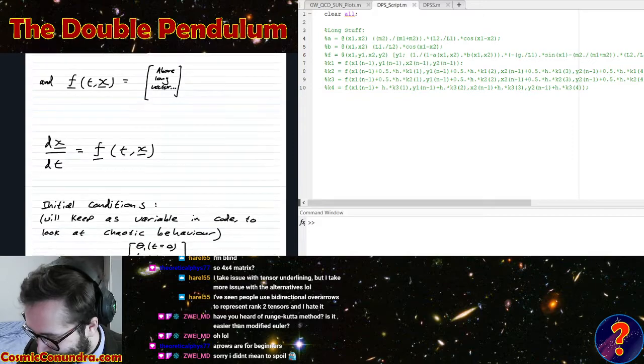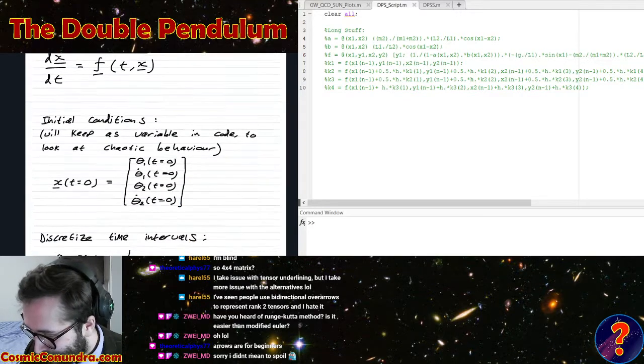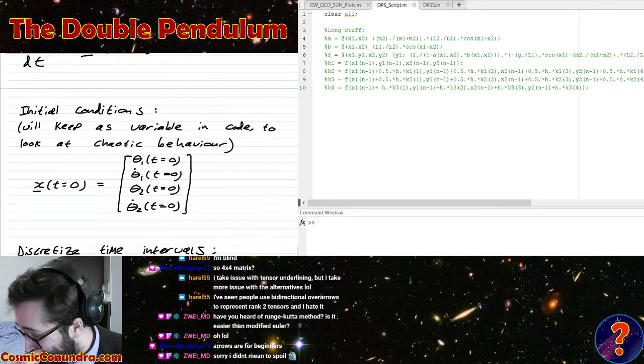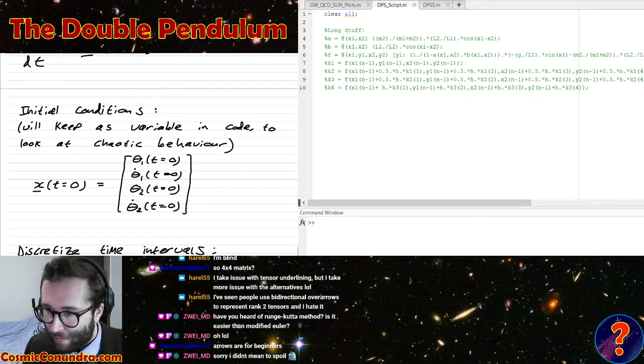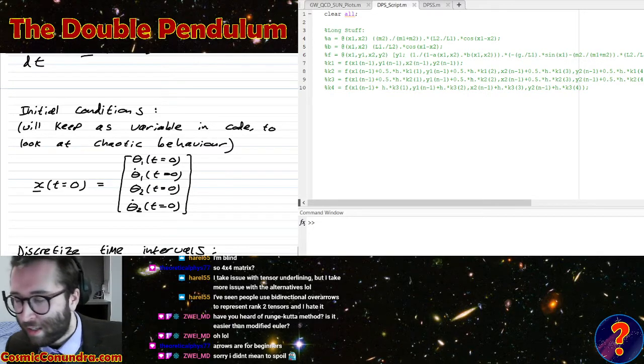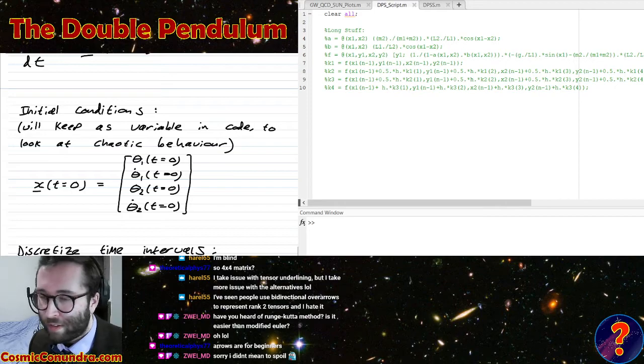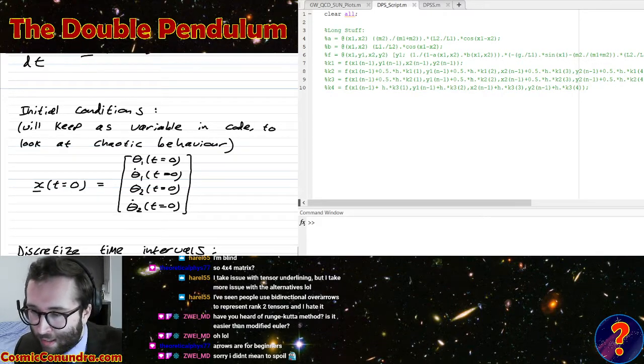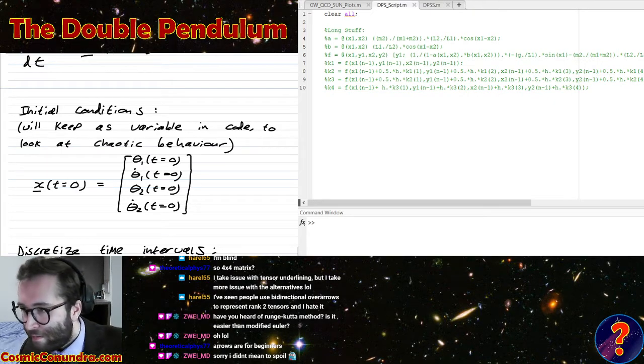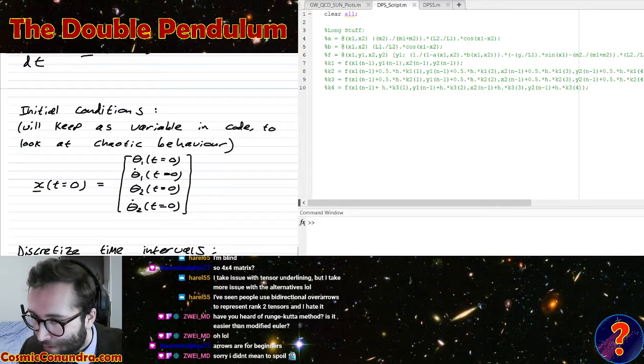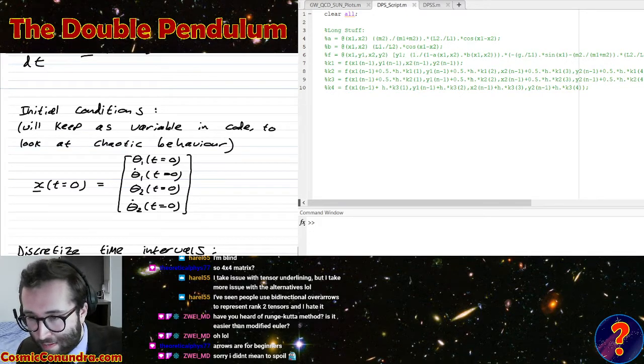Okay, so initial conditions, these are really important, and in fact particularly important for us because the whole point of this double pendulum is that its motion is chaotic, meaning it's extremely sensitive to variations in the initial conditions. So if we change these initial conditions even by a very tiny amount, the motion of the pendula will look vastly different.